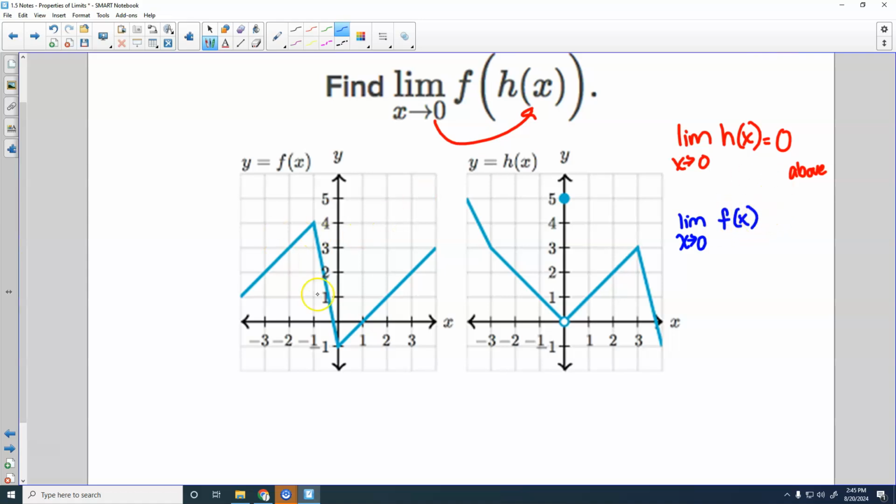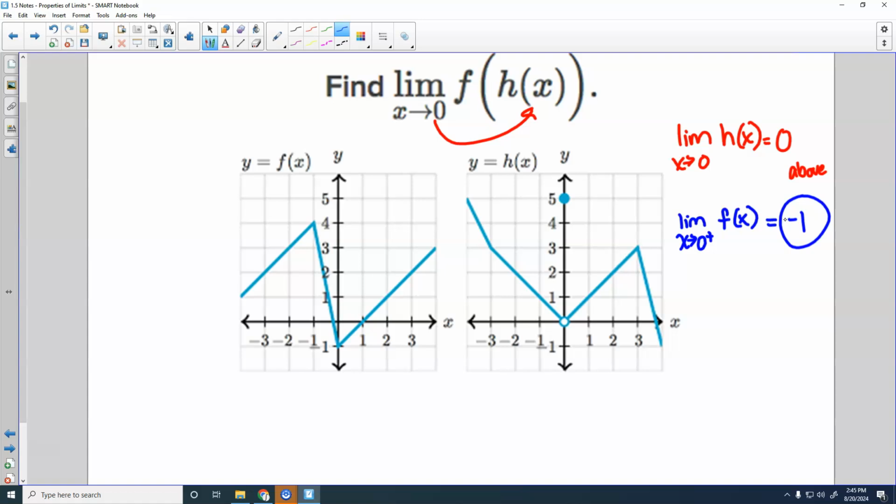So on f of x, does it even really matter whether it's left or right side? Technically, because these are both from above, we are only approaching from the right side. Does it make any difference on this graph? It does not. You're just going to get -1. It's only on ones where you have maybe a jump in the graph or a vertical asymptote that it's actually going to matter.